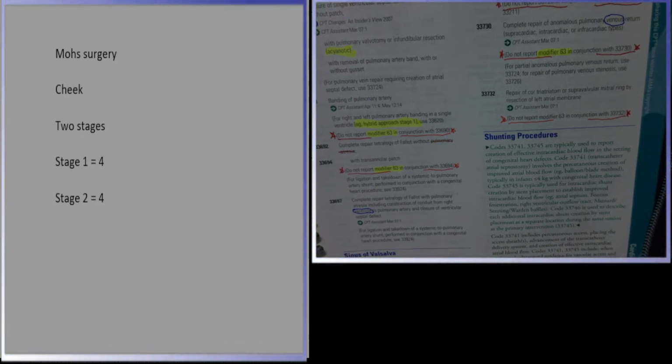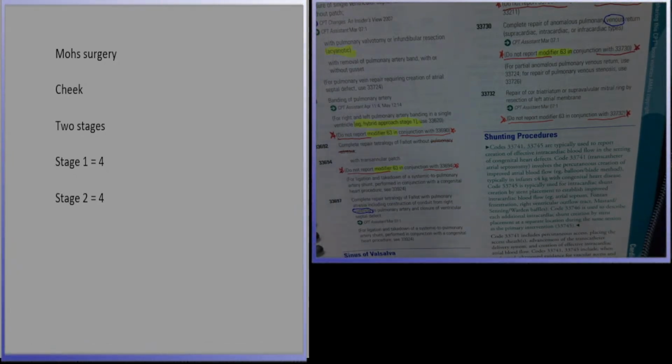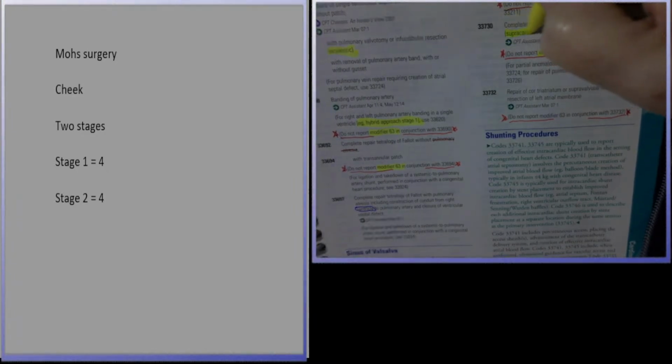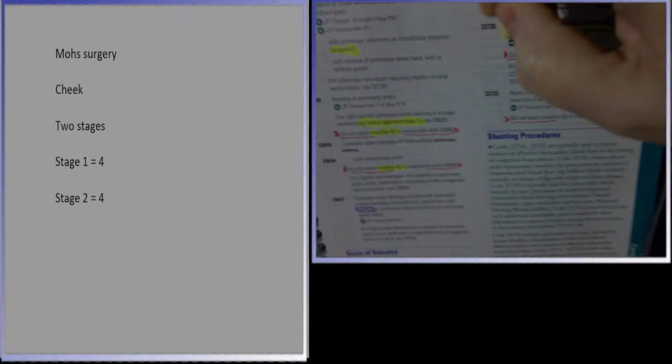And we've got a yellow highlight I forgot about doing. Didn't see that parentheses.